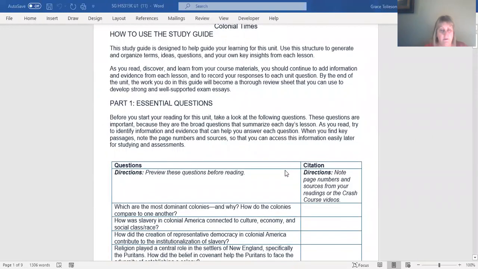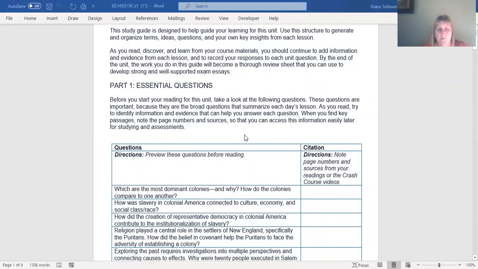Before you come to class on that first day, you should have gone through and completed Part 1 and Part 2 of this study guide. Okay. Part 1 is essentially the essential questions for each lesson. Every lesson in the unit will have an essential question.